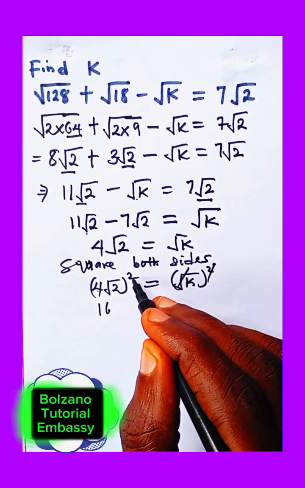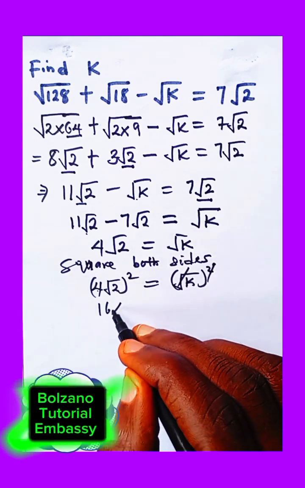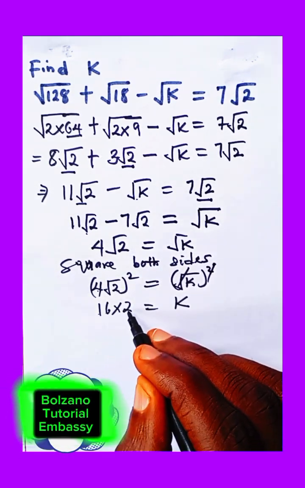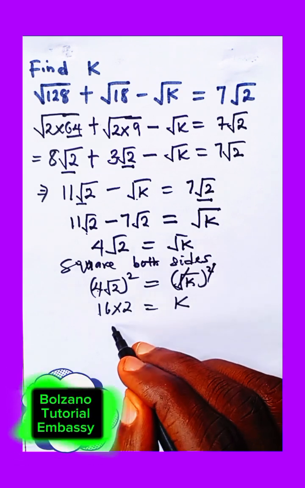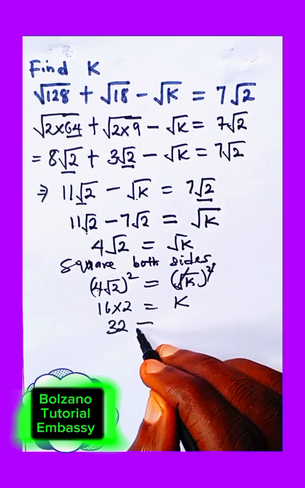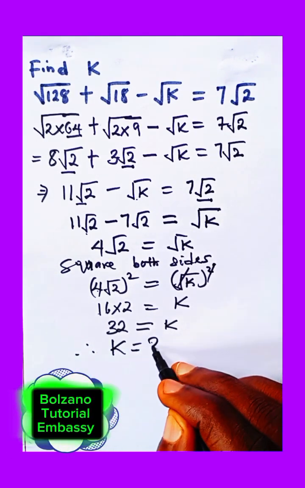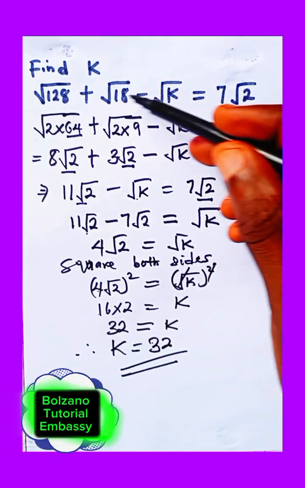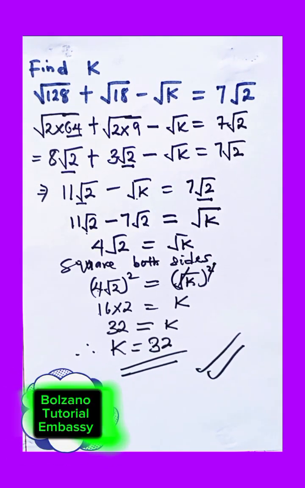Then this square cancels the root, leaving 2, so we have 16 times 2 equal to k. 16 times 2 is 32, and that is equal to k. Therefore k is equal to 32. So the value of k that makes this equation correct is 32. Thank you so much for watching this video.